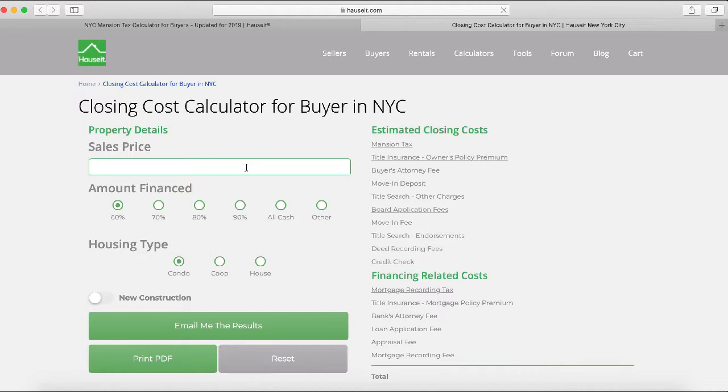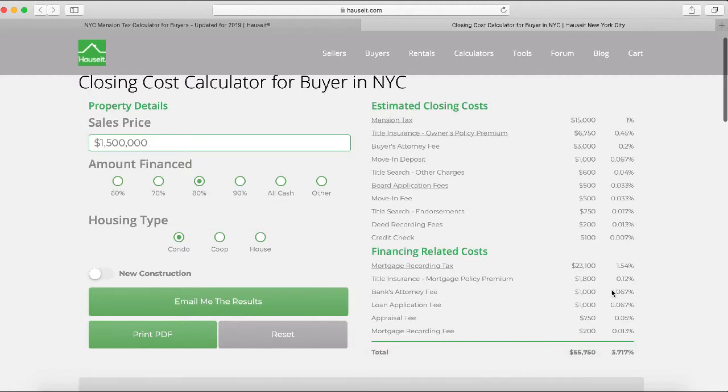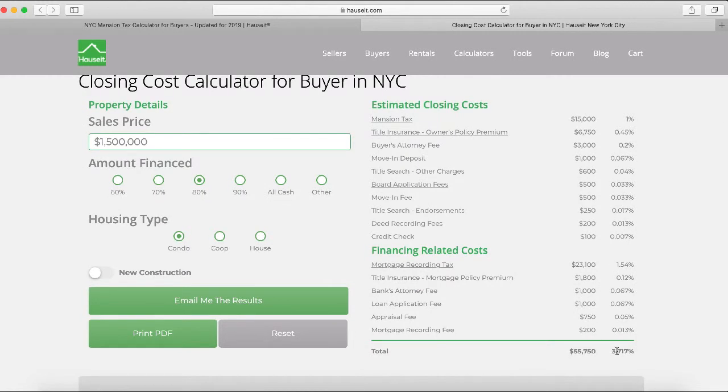So extending our example of a $1.5 million condo, let us assume that we are financing 80%. And if you look here, as far as total closing costs as a buyer, you're at 3.7%. Of course, 1% of that is the mansion tax, and the remainder of the closing costs are largely driven by two other items: the mortgage recording tax, which is pretty large, as well as title insurance.